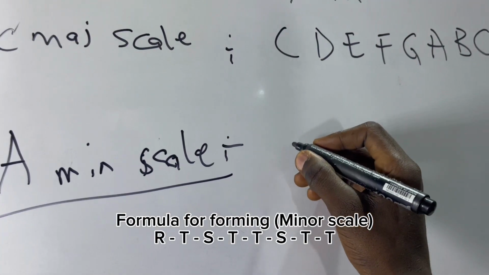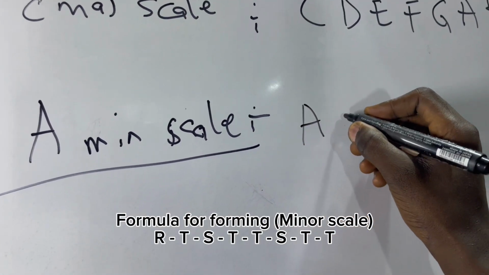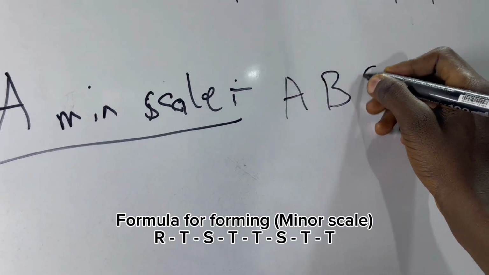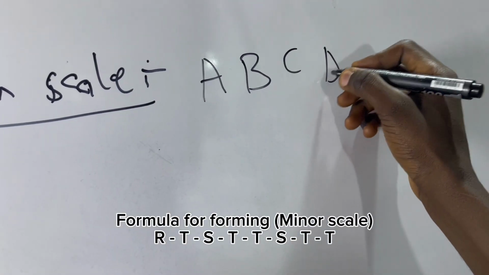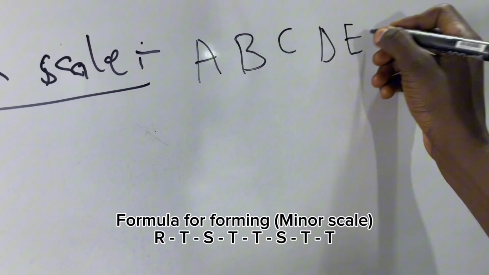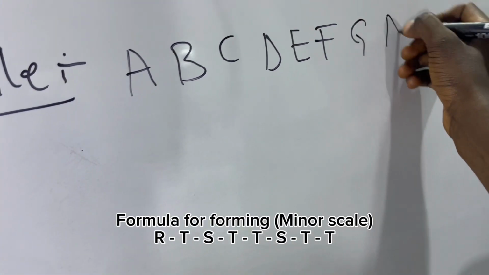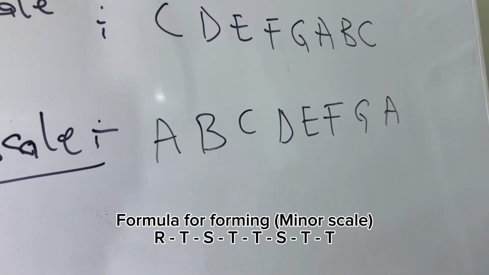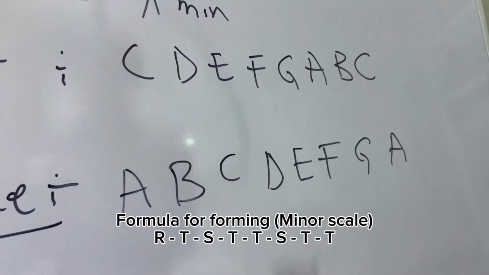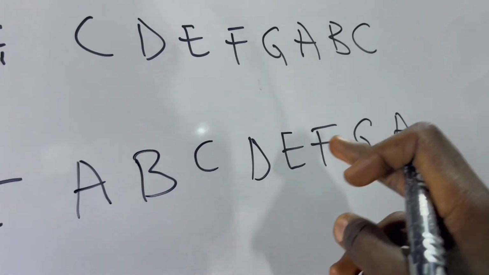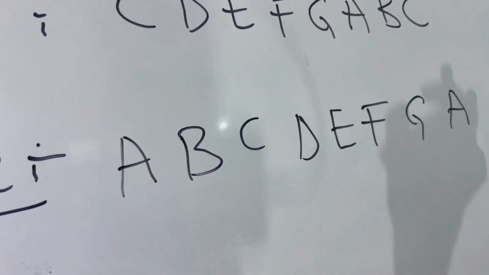This is the sequence: we have A, B, C, D, E, F, G, and back to A. You see, it is the same in terms of it doesn't have any flats or sharps.